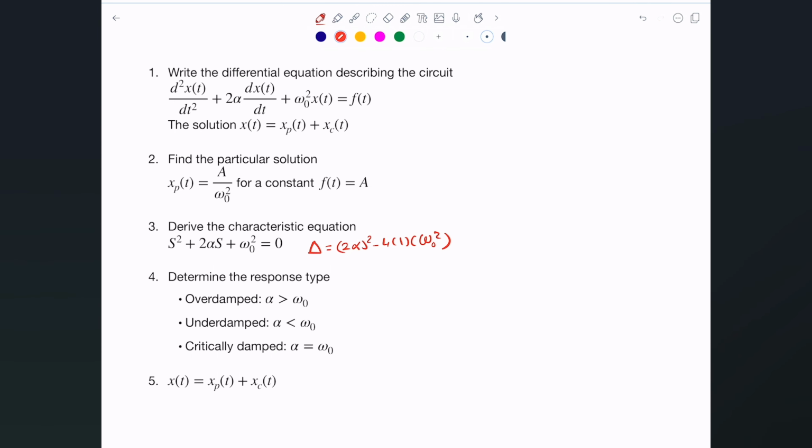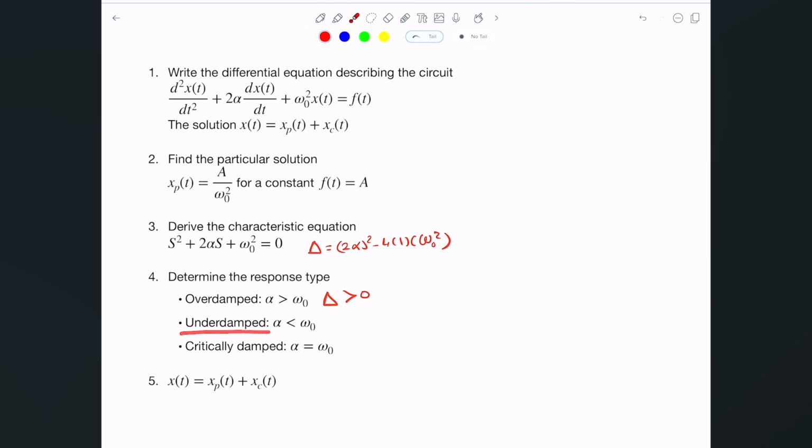So you compute that discriminant, and based on its value, you'll end up with 3 different response shapes. You can either compute the discriminant or take a look at alpha and omega 0. They're the same. Where delta happens to be a positive number, we get what we call the overdamped response, and S1 and S2 are real and distinct.